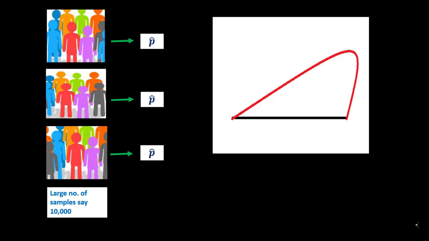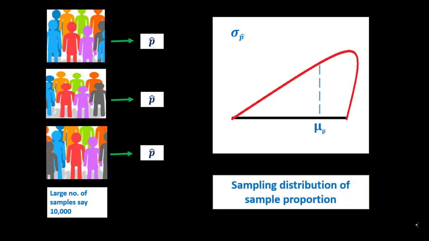I have plotted the frequency distribution or probability distribution of these sample proportions and got a shape like this, and this curve has a mean denoted by mu p hat and a standard deviation of sigma p hat. So this is the sampling distribution of sample proportion curve.